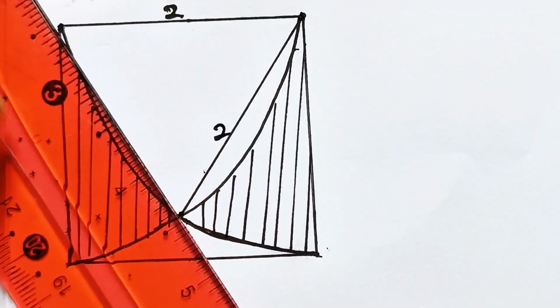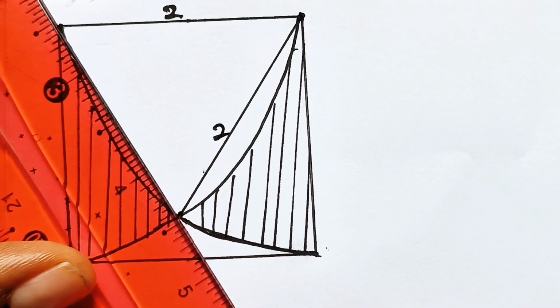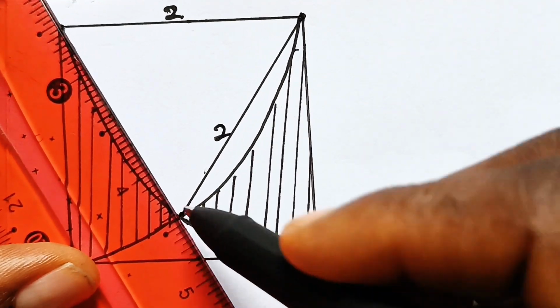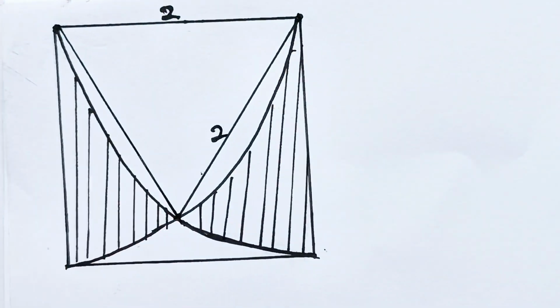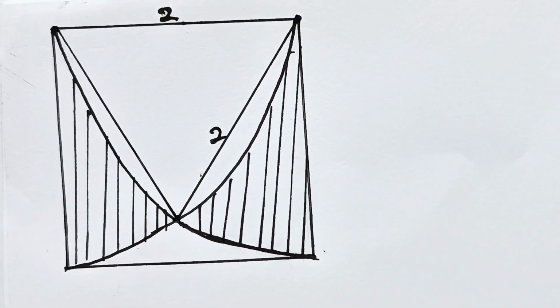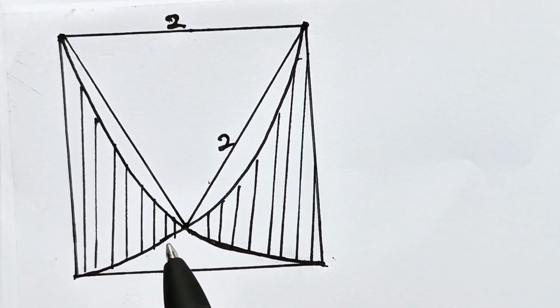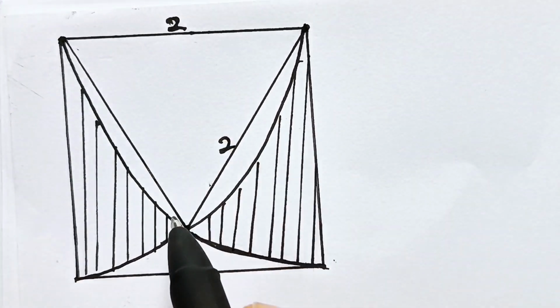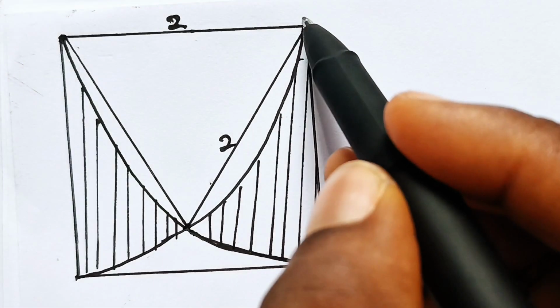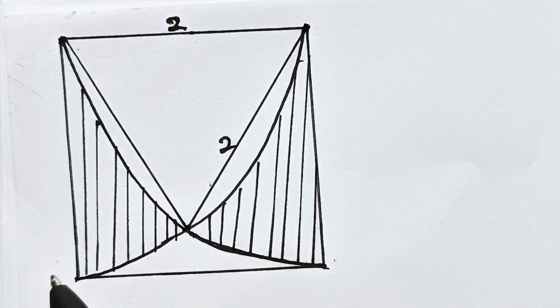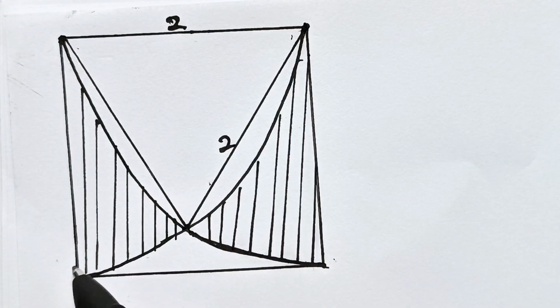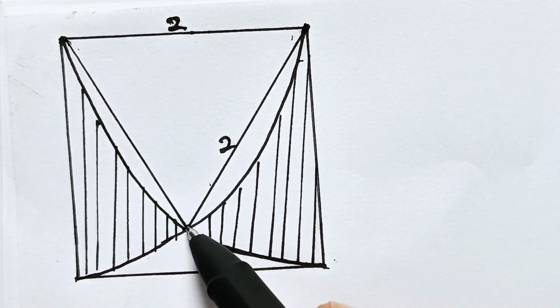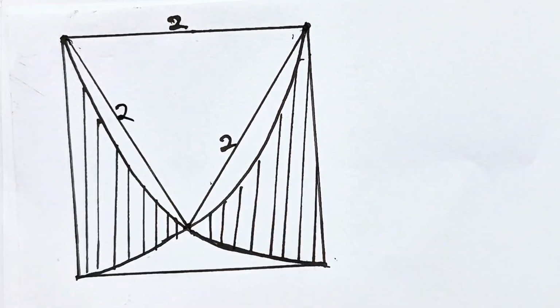Similarly, let's join from here to here as well. Now if you do that, you are going to get the same thing. From here to here is the radius of this particular circle. This is the center, from there to there, so the radius is also 2.